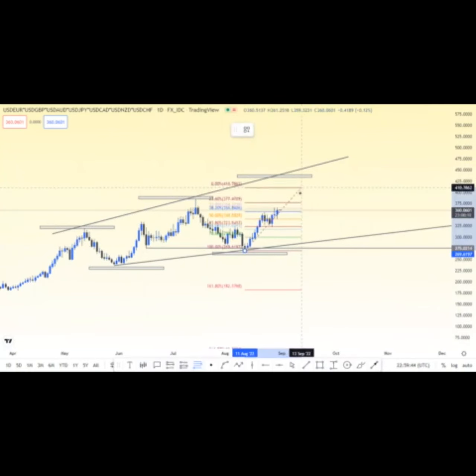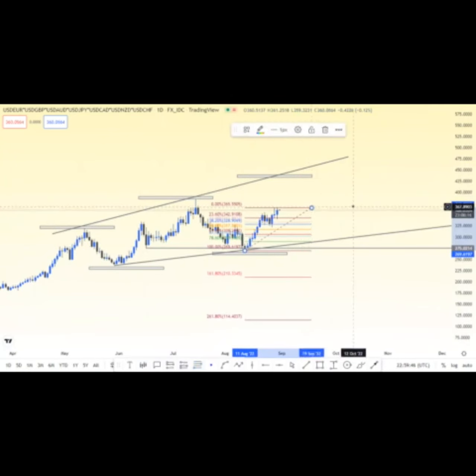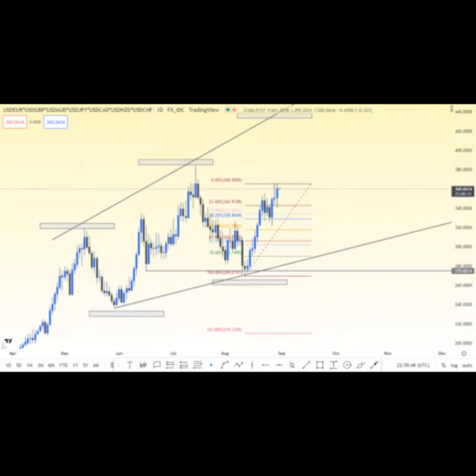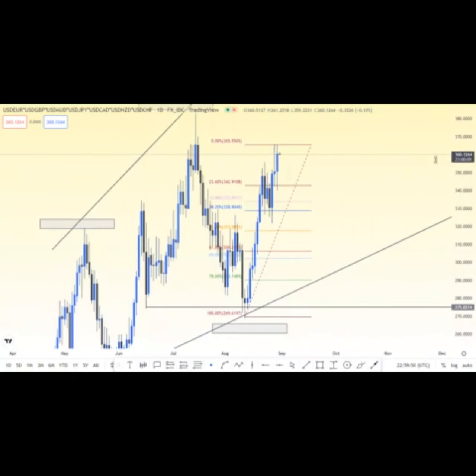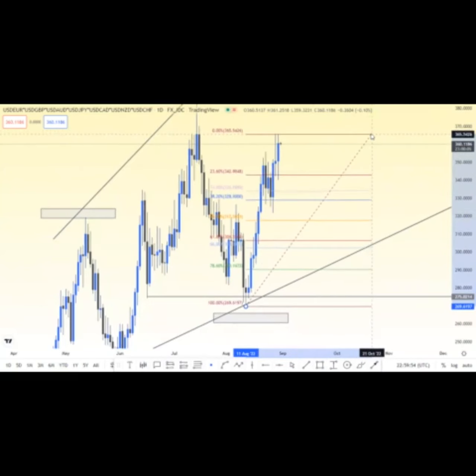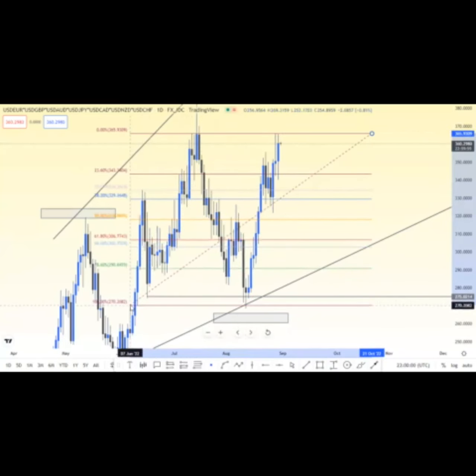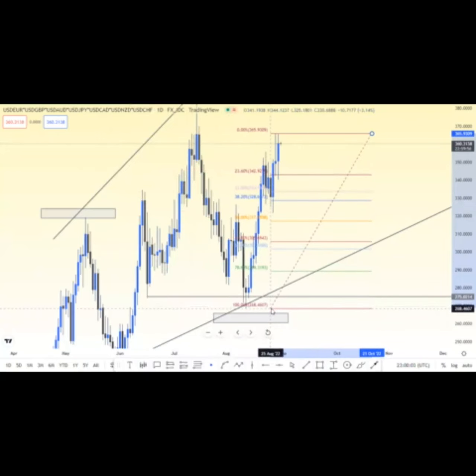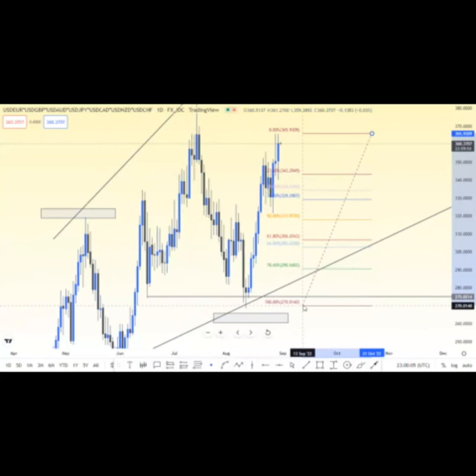Use our fib real quick and see. Let me just expand it real quick. I want us to be able to see these numbers.